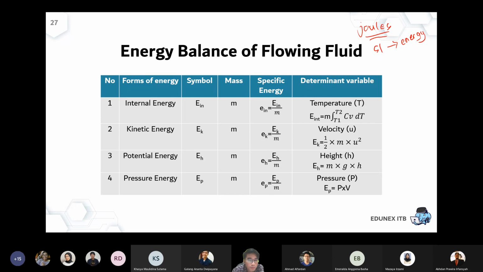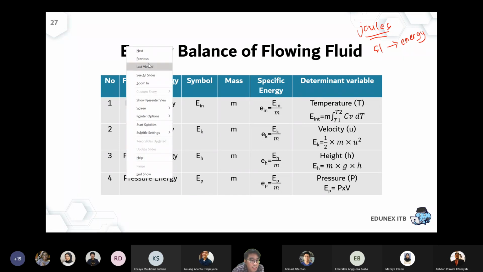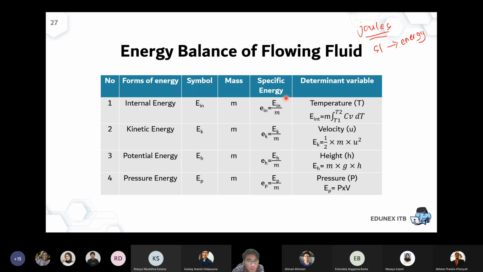Okay, so if we calculate the internal energy of flowing fluid, it will depend on the temperature of the fluid. So how to express the internal energy? It will be correlated with the mass of the fluid times CV. Have you learned about CV in thermodynamics class?